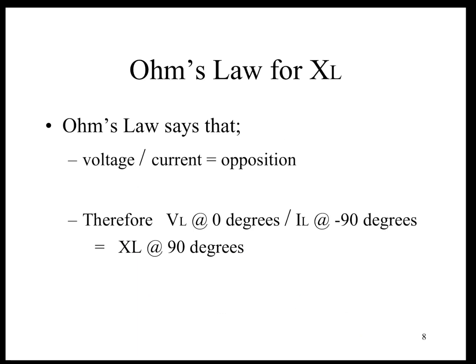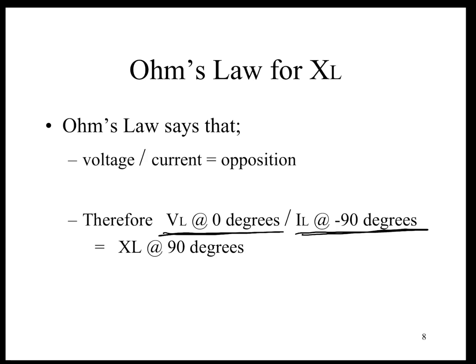Okay, let's look at Ohm's law then for XL. If we consider what we saw a few slides back when we looked at the voltage and current relationship, we could use that to actually determine our XL value. So if you take voltage as the reference at 0 degrees, and we divide it by IL at a lagging 90 degrees, or minus 90 degrees, we know that's the voltage current relationship for a pure inductor.